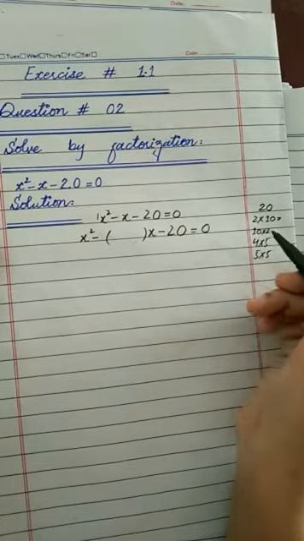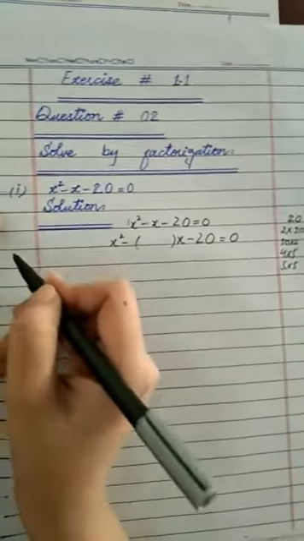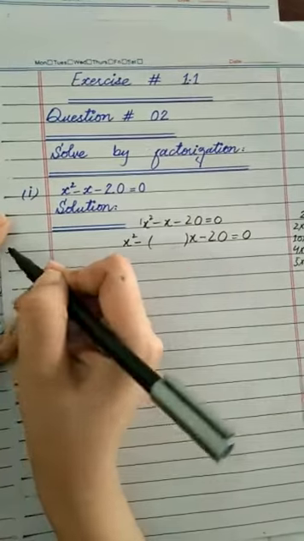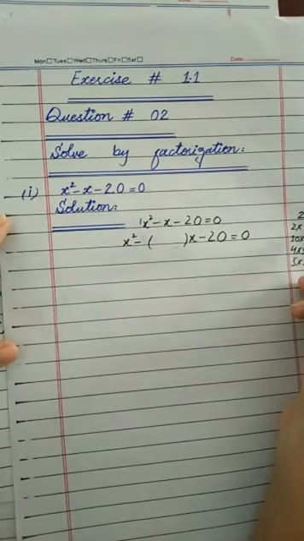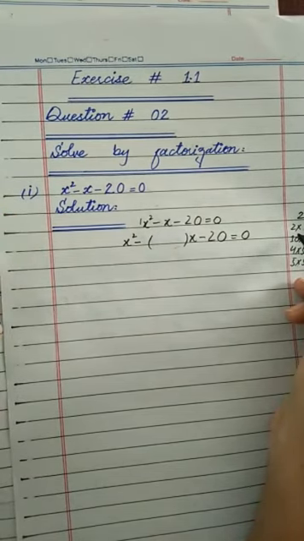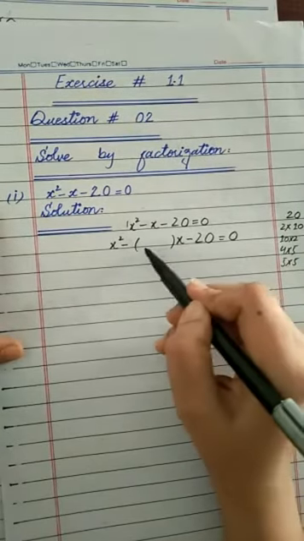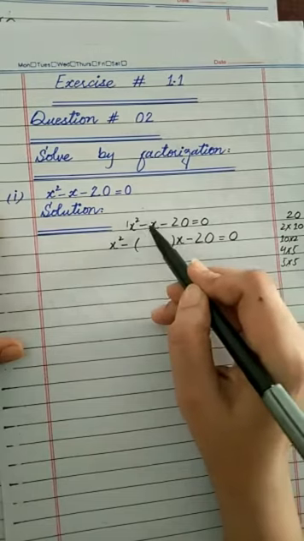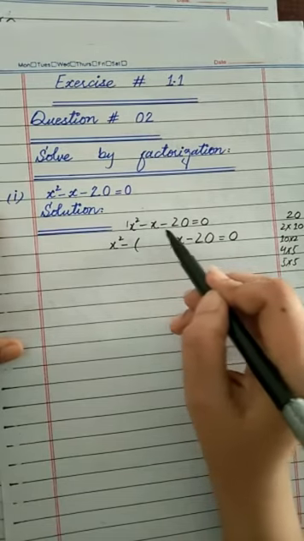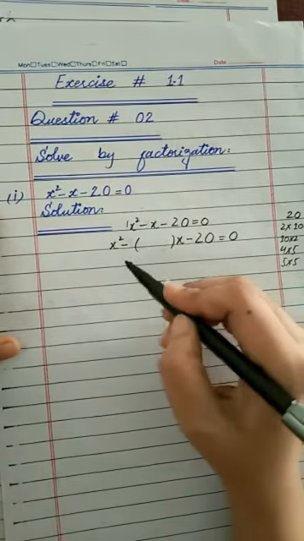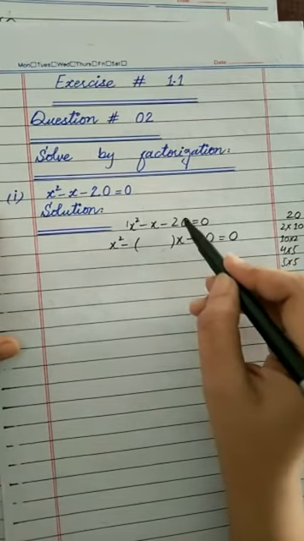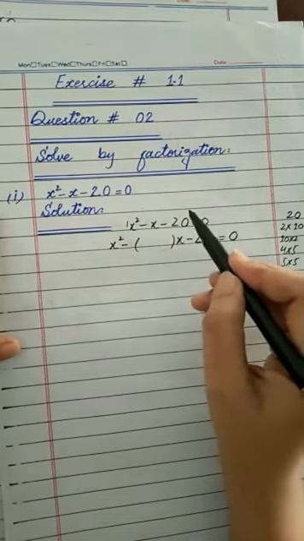First of all, students, we have to take any pair from these, which are factors of 20, and we have to add or subtract them. If we add or subtract, we will get the middle term coefficient, and when we multiply them, we will get the product.